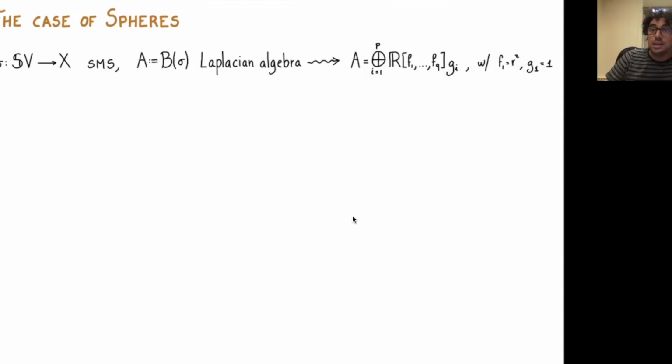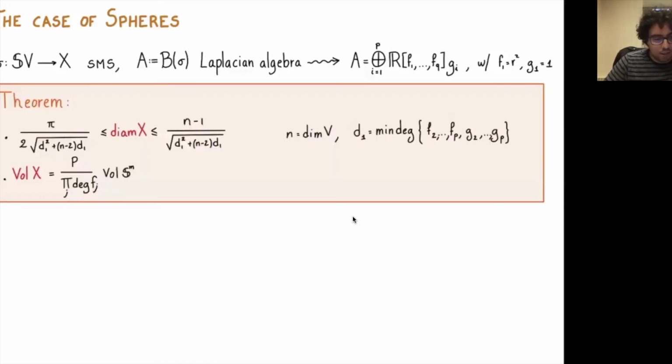But the idea now is that given this description, can we compute or at least estimate the geometric quantities for S just in terms of the algebraic quantities that describe A? And the extremely nice result is that yes, we can. Here are two theorems.